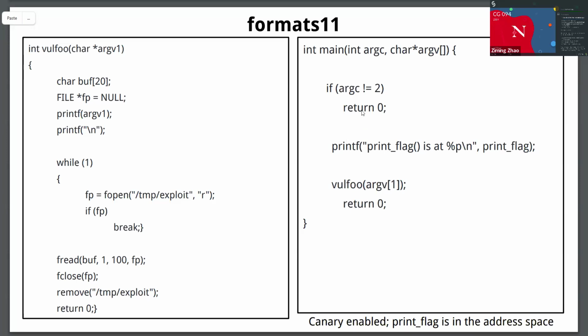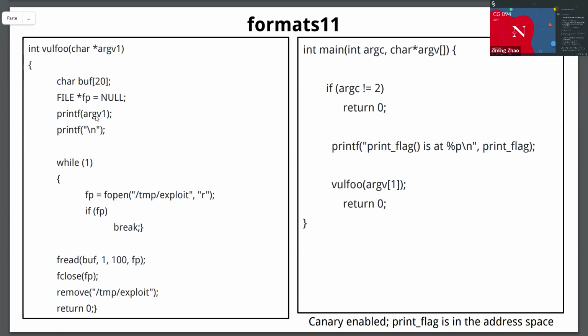So it checks whether there are 2 arguments, then it prints out where the print flag function is, then it calls buffer. Buffer has a local buffer of 20 bytes, has a file pointer initialized to 0. It has printf argument 1, which is your input.